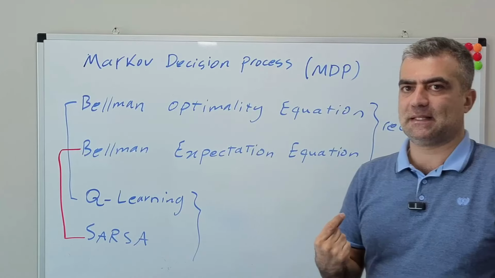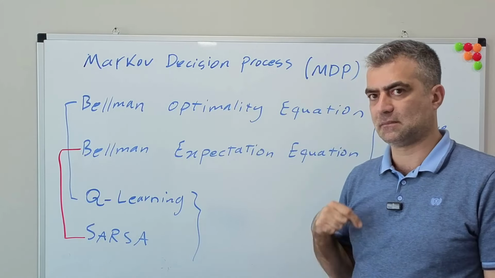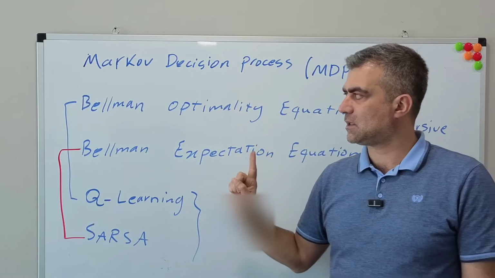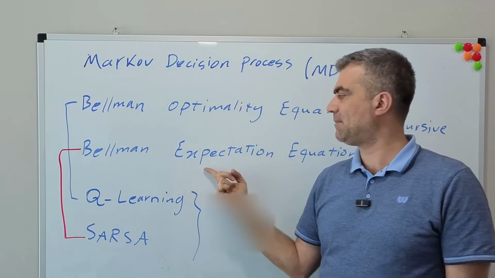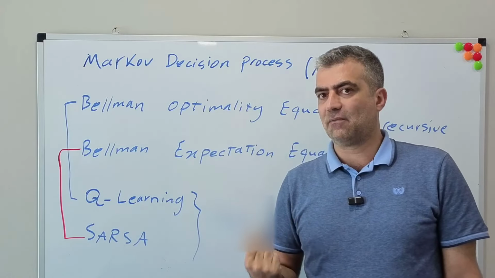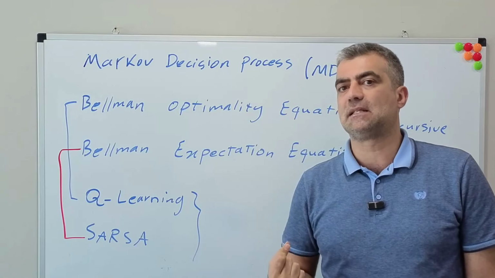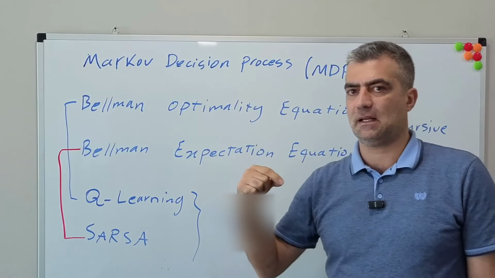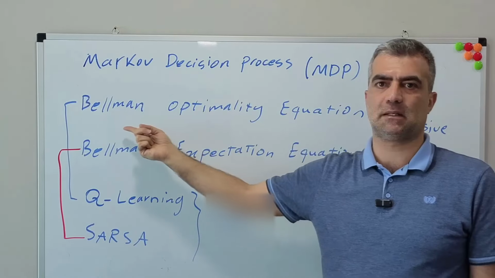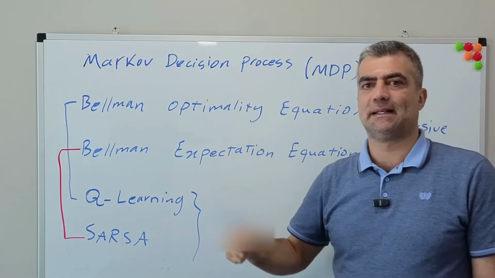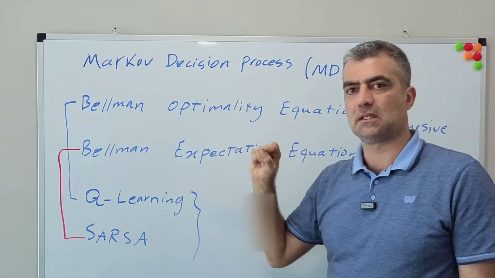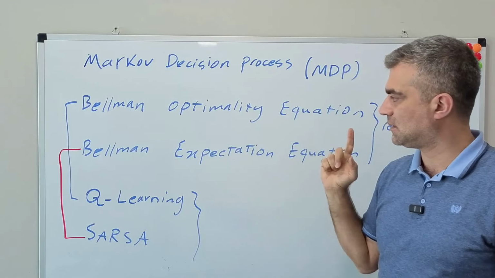If the environment is not predictable, you have to be realistic, then you can explain your solution using Bellman expectation equation. If the environment is reliable, let's say deterministic, you can explain your solution using Bellman optimality equation, in which for guessing the future reward, you choose the best possible action.